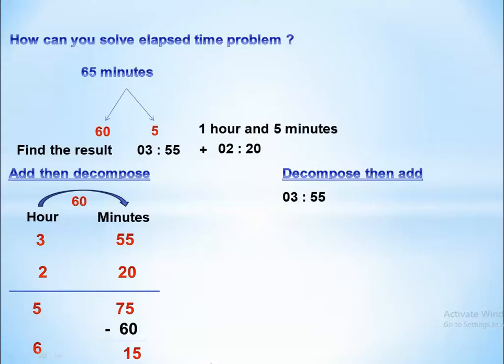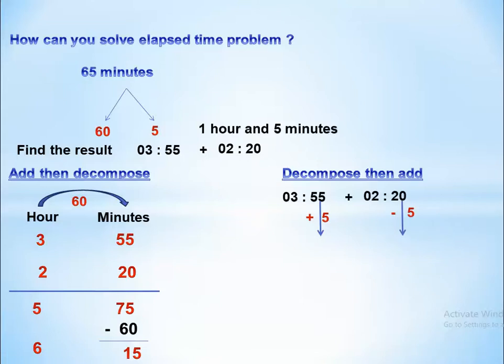Here we have another strategy. Decompose then add. 3 and 55 minutes plus 2 and 20. Here decompose and add. Okay, let's make 55 as 60. So we are going to add 5. 55 plus 5 equals 60.